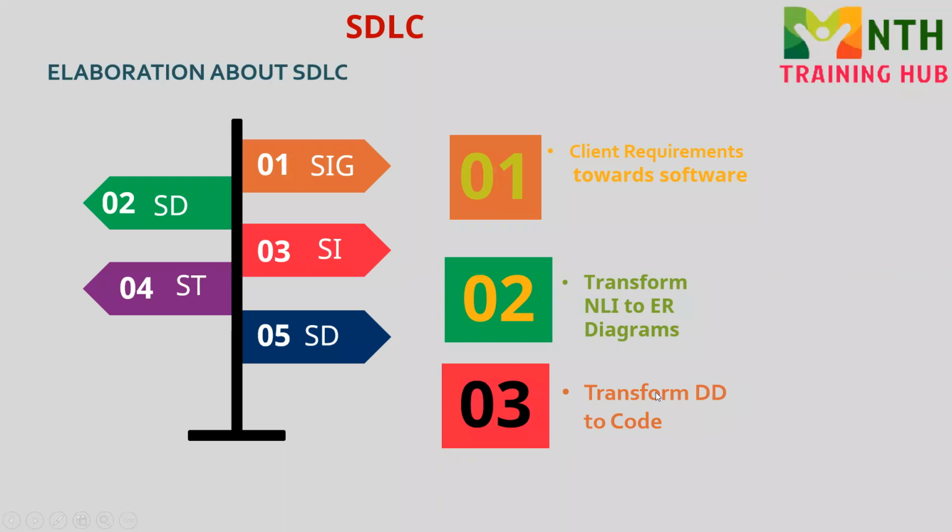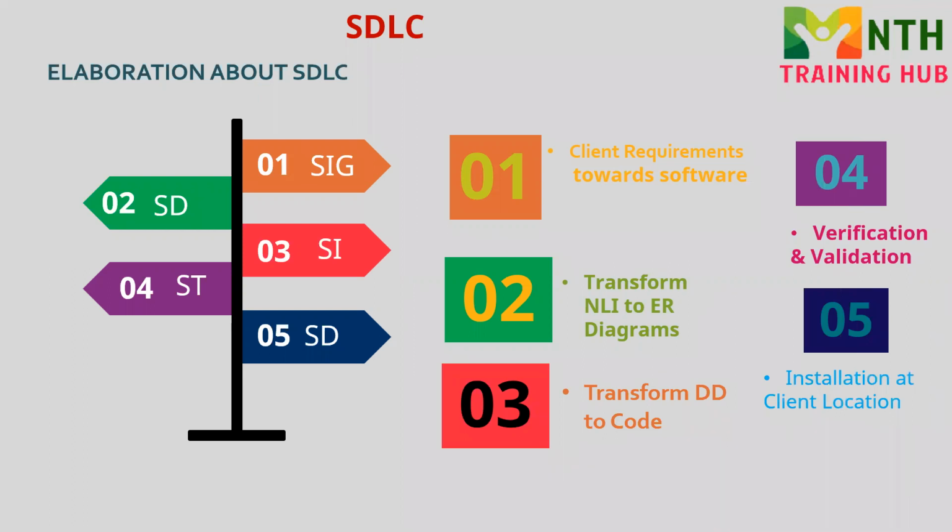In the testing stage, verification and validation happen. Lastly, installation at a client location happens. So these are the different stages, and you are supposed to understand where you are going to be involved.